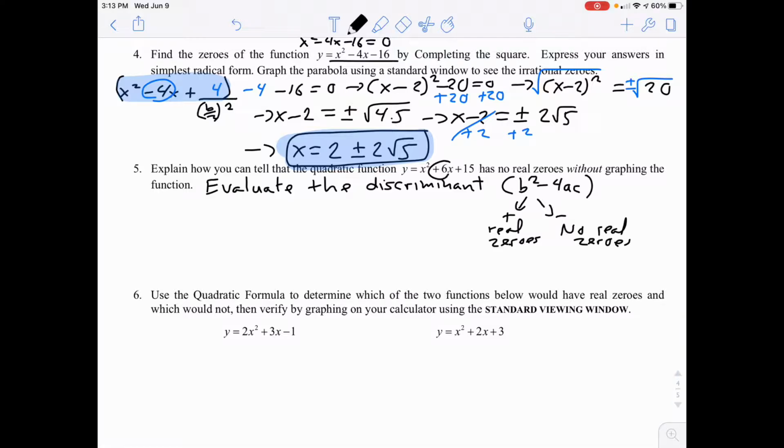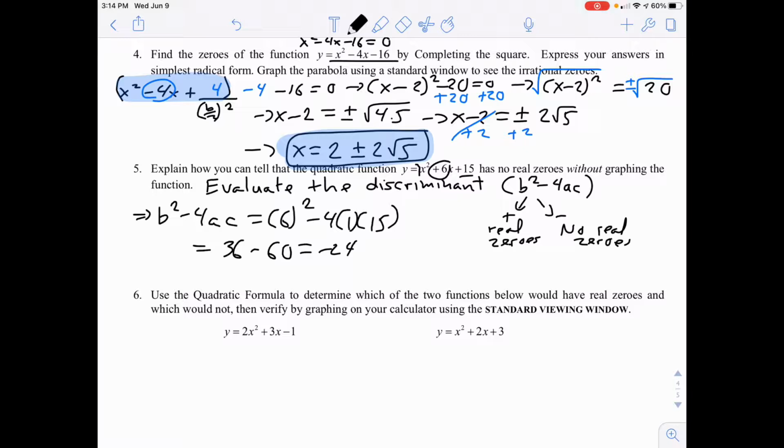So the b term is 6. So we're going to evaluate that. The a term is 1 and the c term is 15. So we're going to evaluate b squared minus 4ac. Well, that's going to be 6 squared, that's 36, minus 4 times 1 times 15. So this would be 36 minus 60. 36 minus 60 is negative 24.